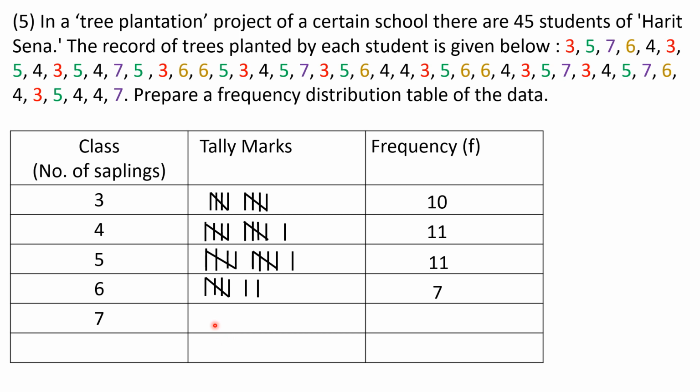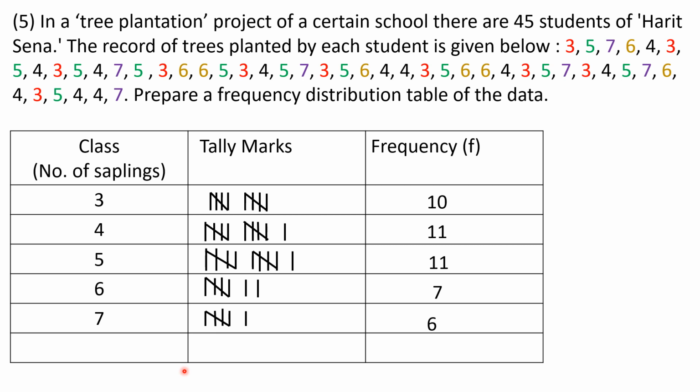Okay. Now for 7, I have used purple, violet color. So how many are there? 1, 2, 3, 4, 5, then 6. Total 6 times it is repeated. So I'll put 6 tally marks: 1, 2, 3, 4, 5 and 1, 6. So we'll write down frequency 6.